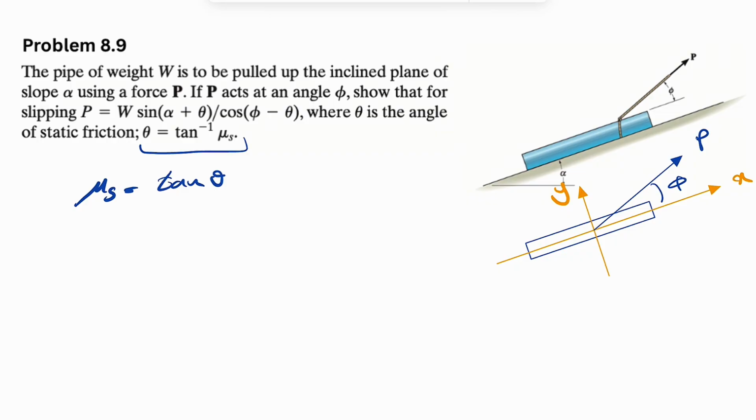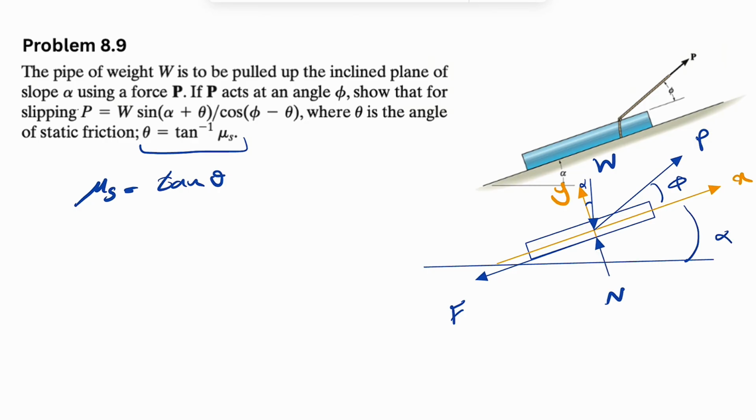We also have the normal force from the inclined surface, which we call N. We have the weight of this pipe, which is vertical, and this angle here is also alpha. On top of that, we have the friction, because the box is moving up the incline, so the friction has to be in the opposite direction.